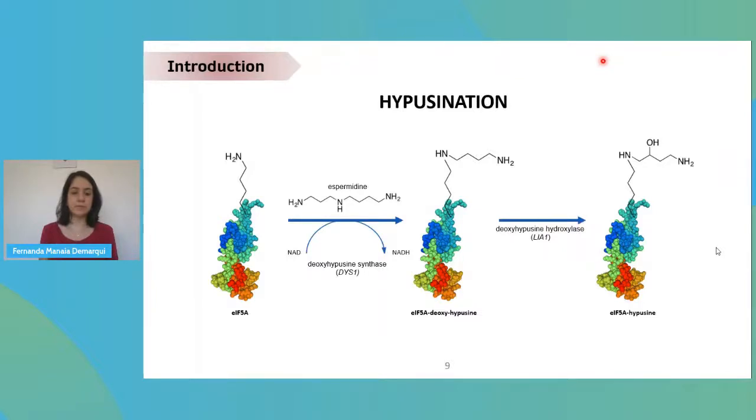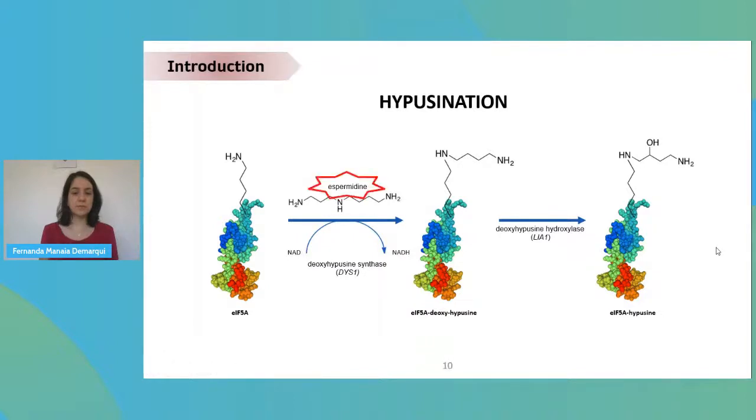Like eIF5A, the enzymes involved in this exclusive modification are also evolutionarily conserved. eIF5A is essential for cell viability in eukaryotic cells. Hypusinated eIF5A promotes the stabilization of the peptide bond during the elongation of a subset of mRNAs with lower translational processability.